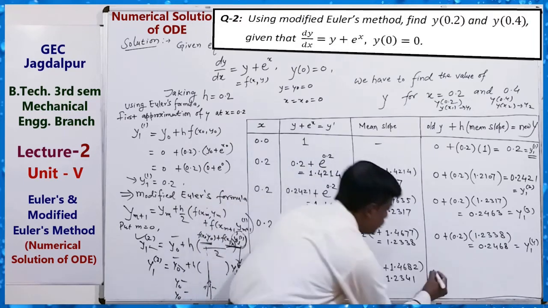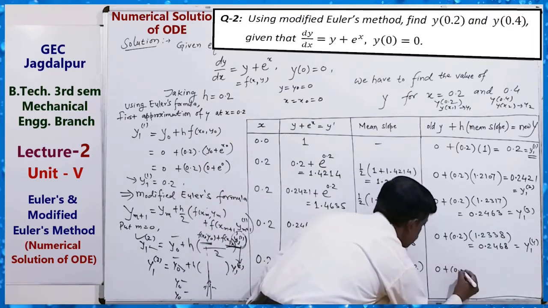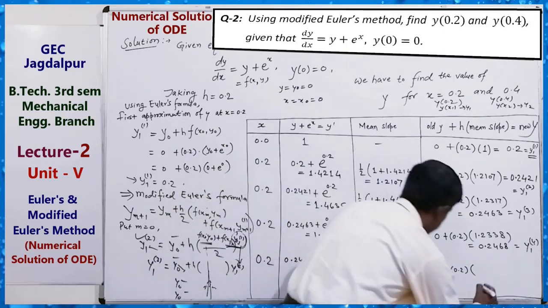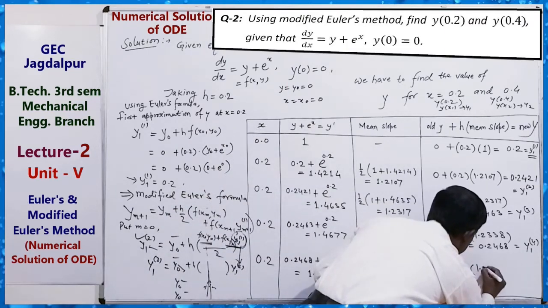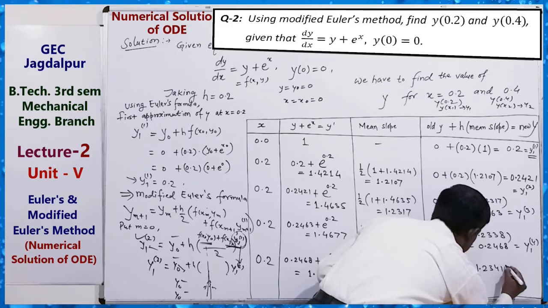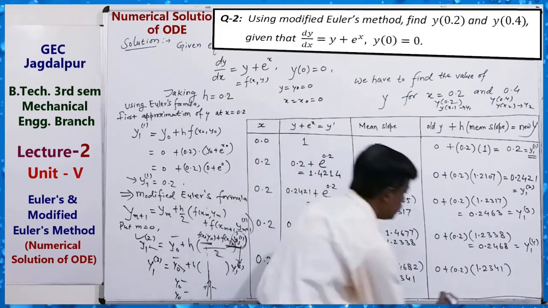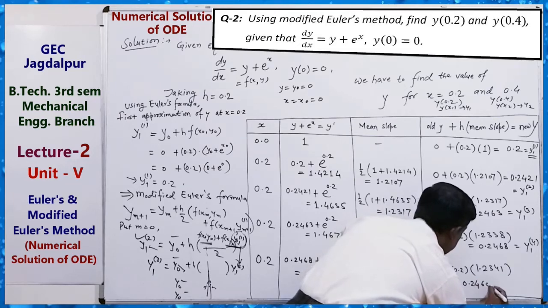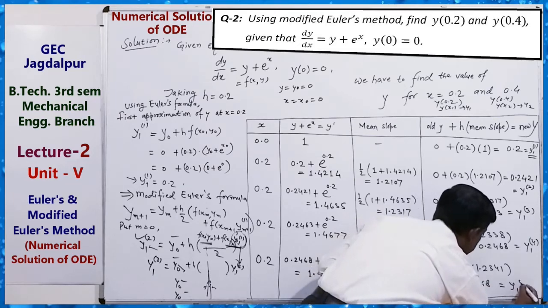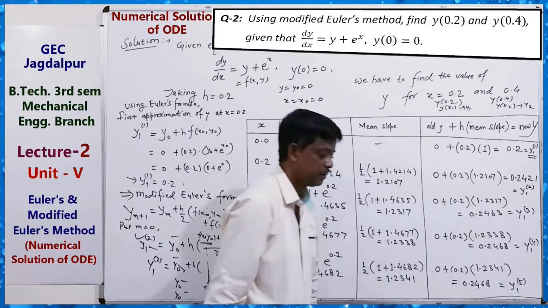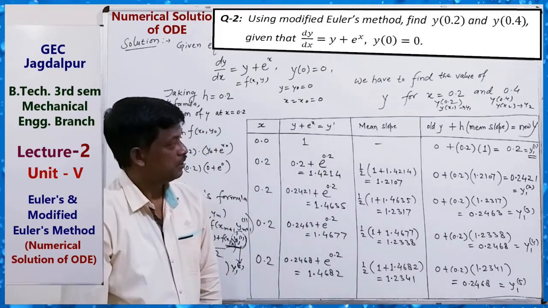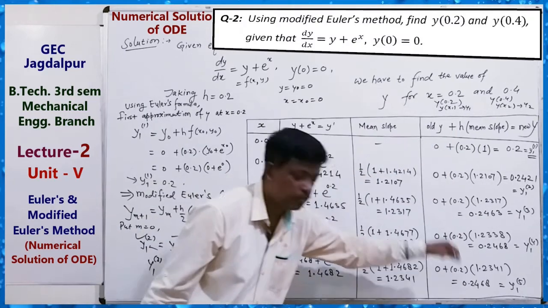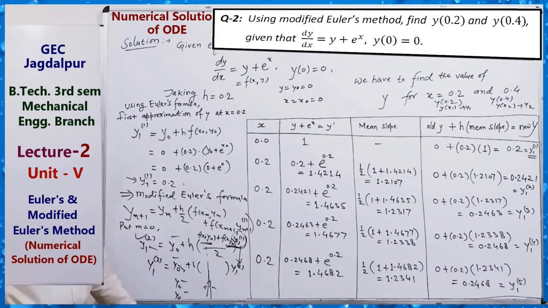And here 0 will continue, plus 0.2 into this slope 1.2341. This is equal to 0.2468. This is the y fifth approximation. Clear? So the first approximation comes from Euler's formula and the remaining approximations come from the modified Euler's formula.